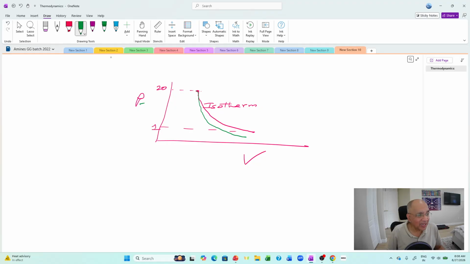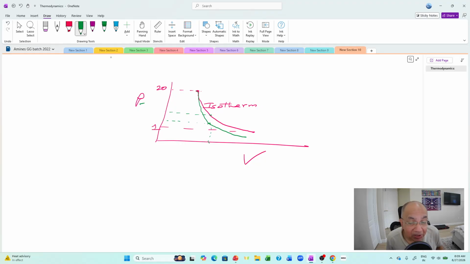Why? Because at any constant pressure, if you compare, the volume of adiabatic will be less. Or conversely, if you look at any volume, the corresponding pressure will be less because the temperature is less.